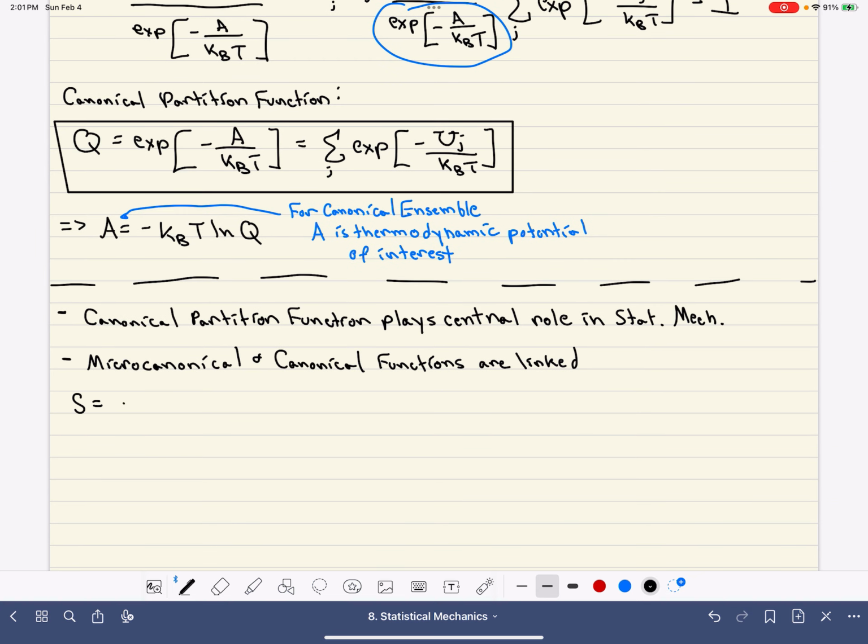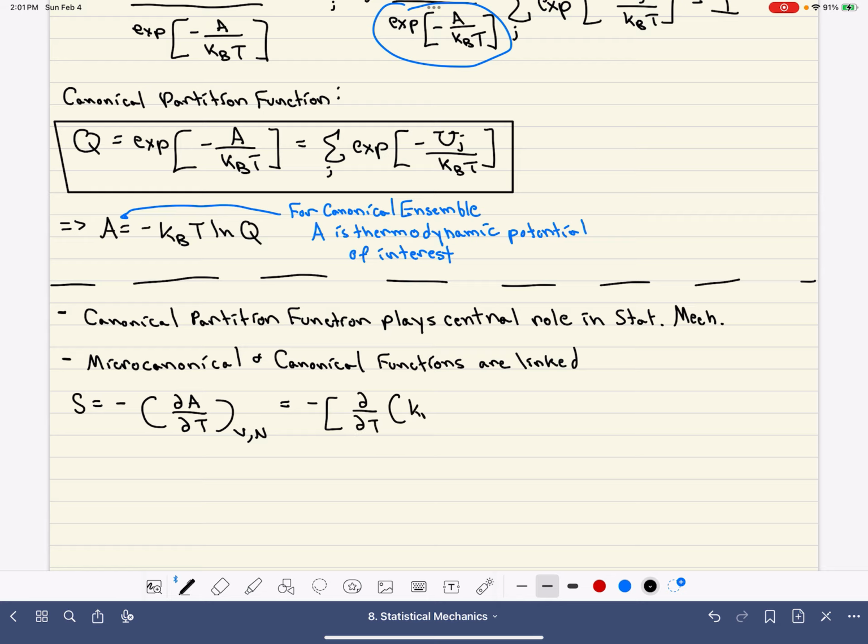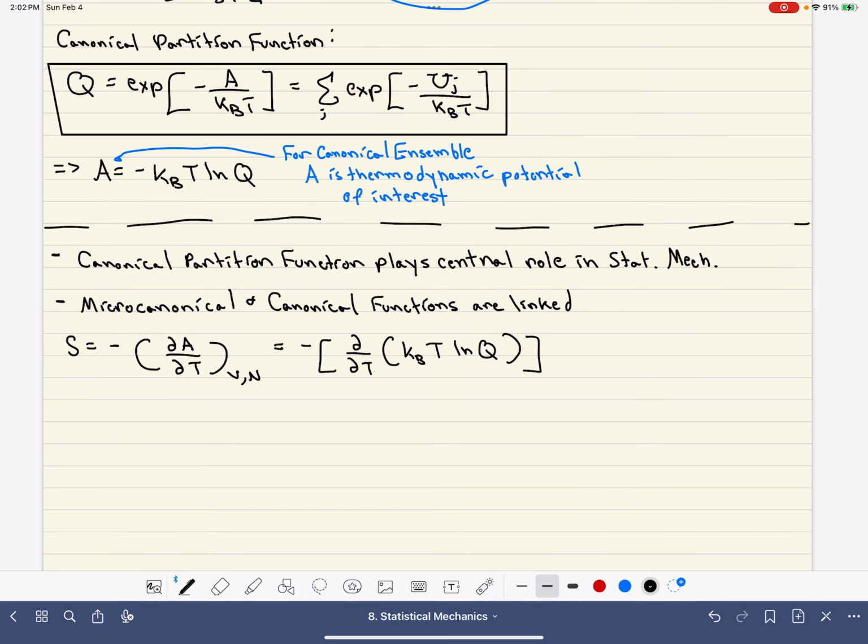entropy, we could relate it to the Helmholtz thermodynamic potential by this expression. And if we plug this into here, we get this: ln of Q, right?